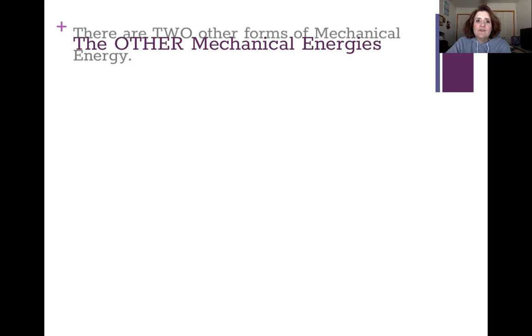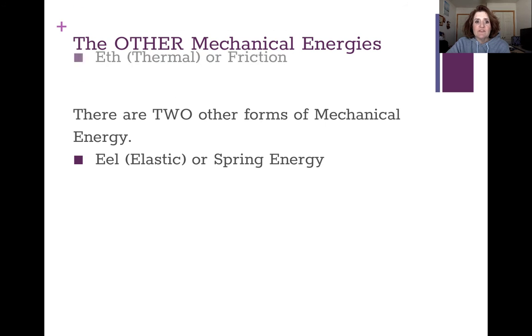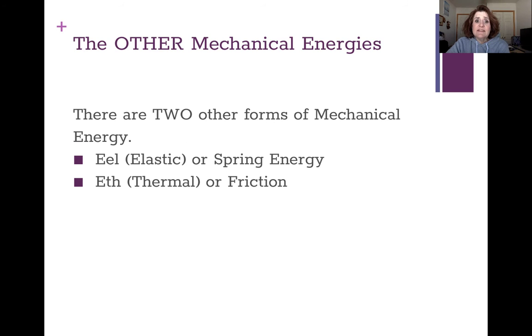The other mechanical energies that you will come in contact with during today's assignment and during this lesson are elastic, Eel, which is spring energy, and Eth, thermal or friction. Remember that sometimes objects do slow down and we're not playing in a perfect physics world.